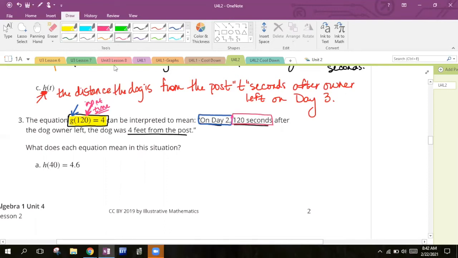All of that is then set equal to our output, which in this case is our distance. That's where they got the 4 feet from the post. Whatever all of that is set equal to will always be your output.